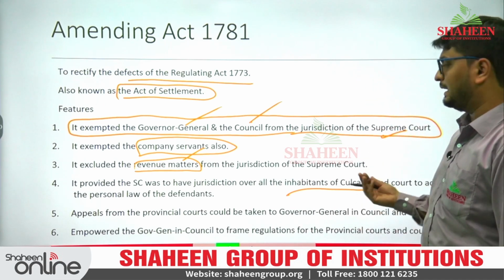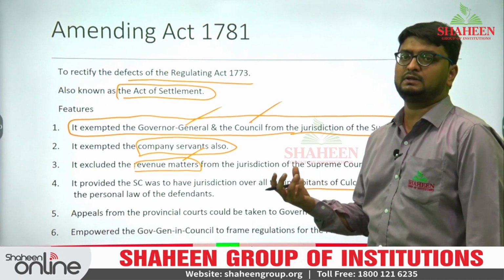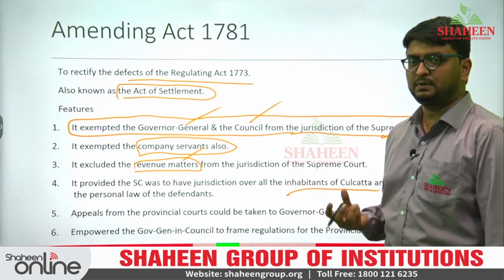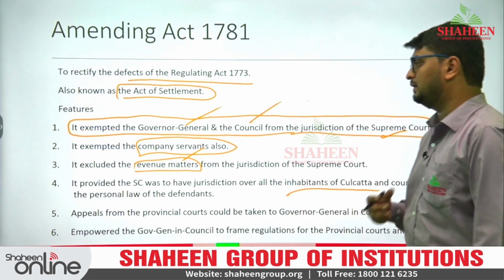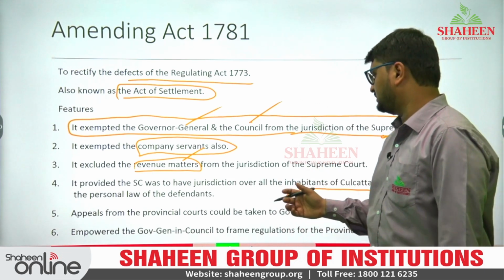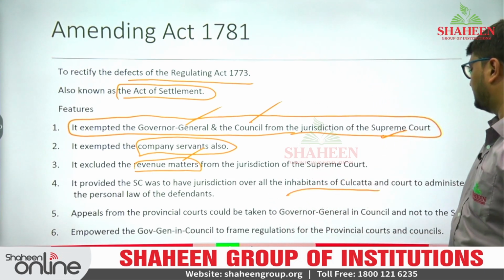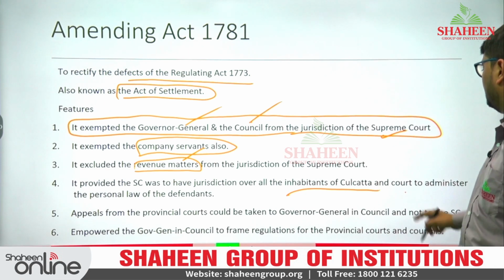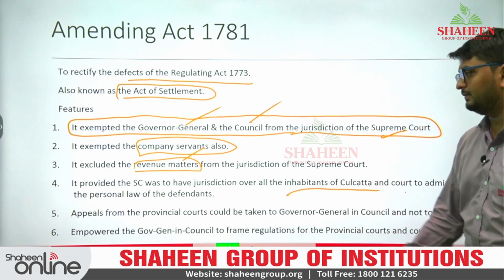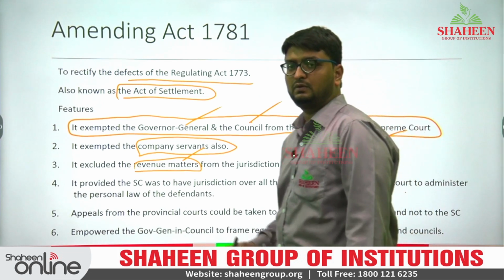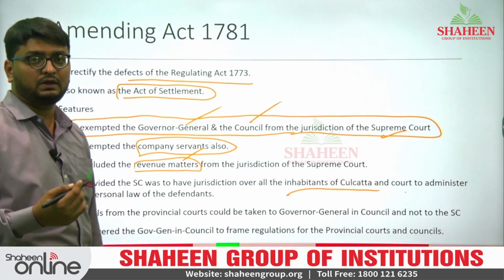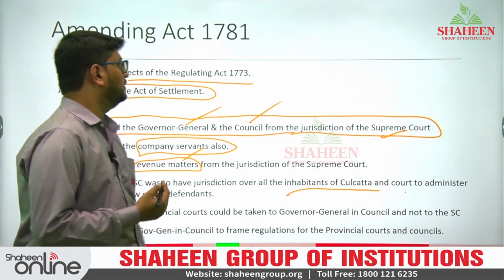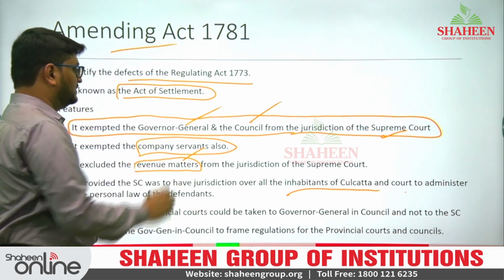So the whole people of Calcutta were under the Supreme Court, which could provide judgments related to all the inhabitants. There were Hindu laws and the Muhammadan law for Muslims, and those laws had to be followed, as said in the Amending Act of 1781.